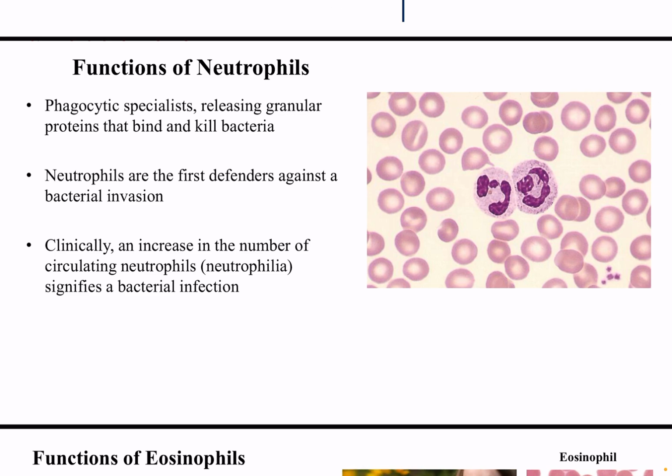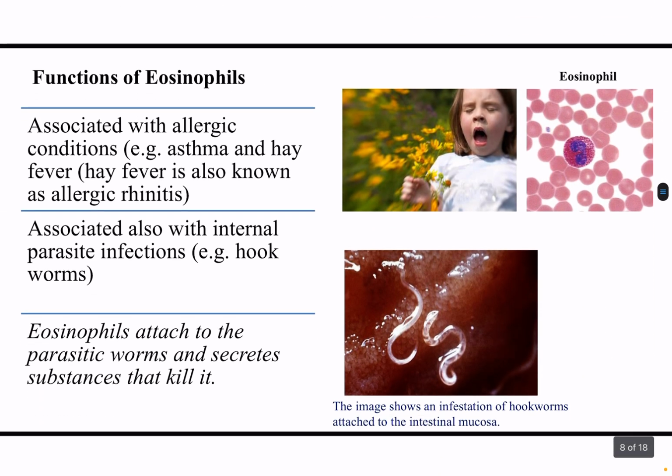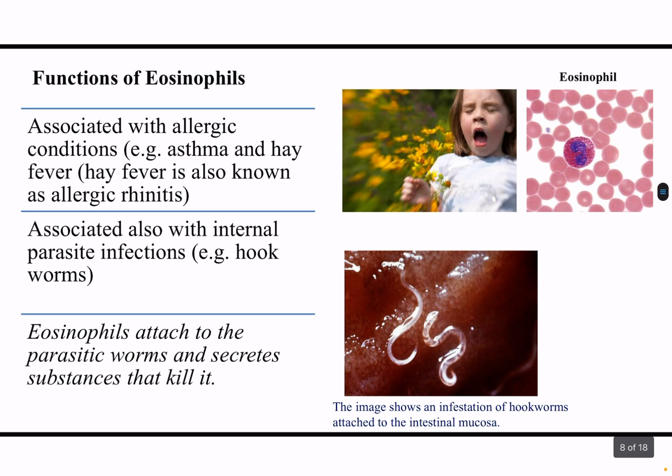The second type of granulocyte is the eosinophil. The eosinophil is a phagocytic cell, but it is also a secretory cell. It secretes histamine, and it is increased in allergic reactions. Any skin rash or allergic reaction like rhinitis or hay fever will lead to an increase in the eosinophil number, leading to eosinophilia.